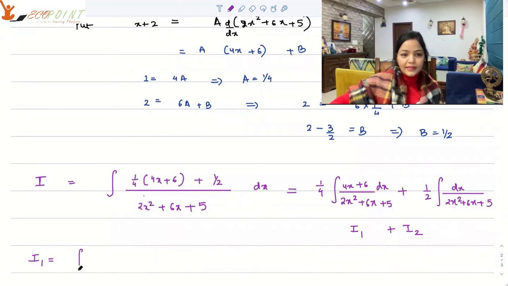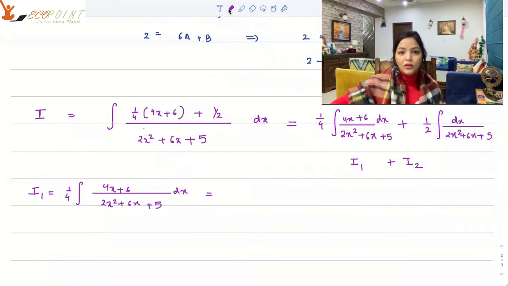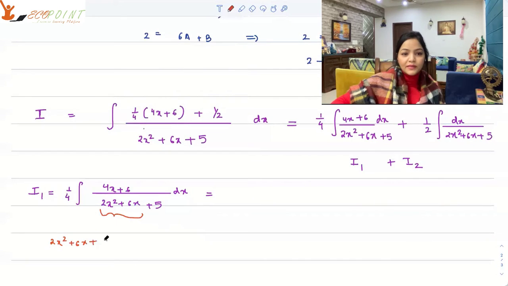So what will be I1? I1 is the integral of 1 by 4 outside, (4x plus 6) upon (2x square plus 6x plus 5) dx. Now how to solve it? If you have this case, we've just done it in the previous case, right? So what we will do, we will take 2x square plus 6x plus 5 as some t, and (4x plus 6) dx becomes dt.